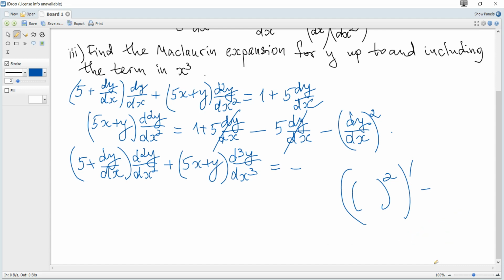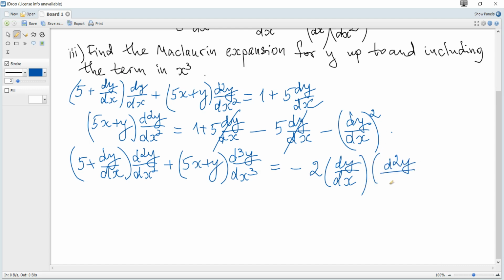Hence it becomes negative, minus 2 dy/dx multiplied by the derivative of dy/dx, which is the second derivative.